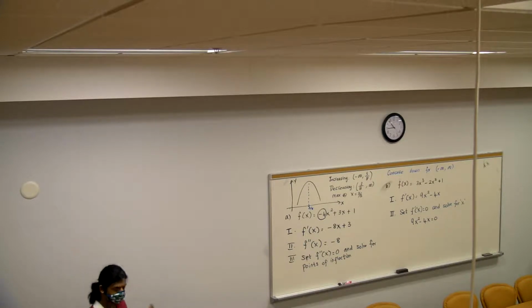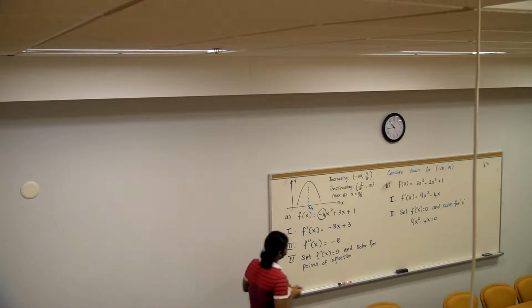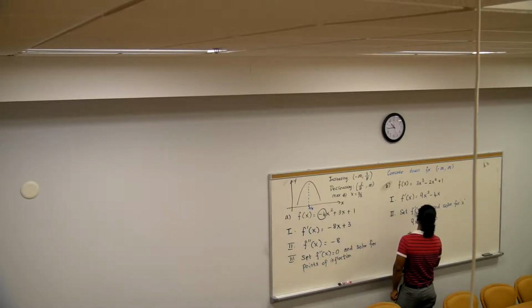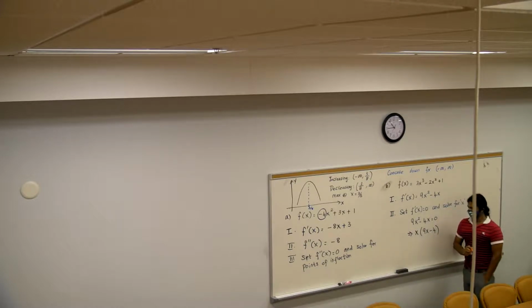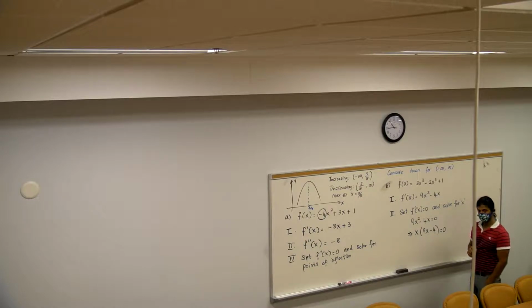Well, we're going to take out the x first. Nine x next to minus 4. How do we solve? You should know algebra. You have two factors.